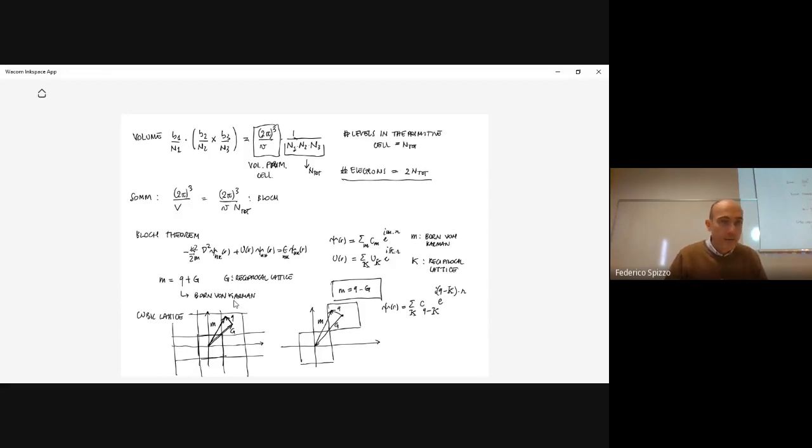So that Q will never exit that cell. And the cell that is located at the center of the space is called the first Brillouin zone. So this cell here is the first Brillouin zone. So the conclusion is Q in that expression is always a vector belonging to the first Brillouin zone.